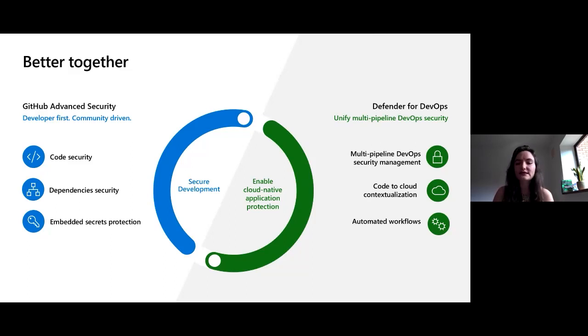And then last but not least is our automated workflows. So Charles also called this out, but basically we are bringing integrated workflows for developers so that they can be made aware of the security issues that have been found, and they can be made aware of them via what we call pull request annotations. You can think of pull request annotations as basically comments in the pull request that inform the developer whenever there are security issues.